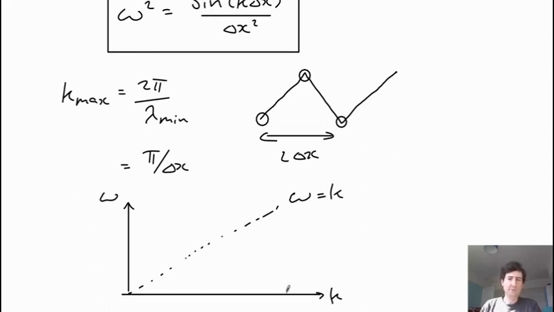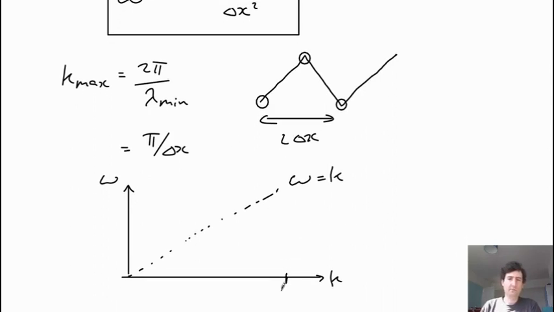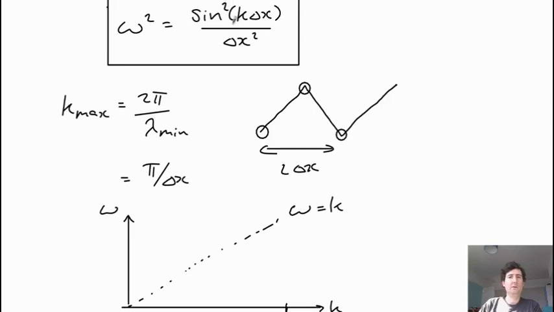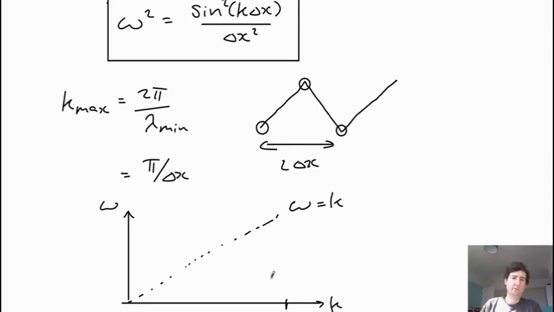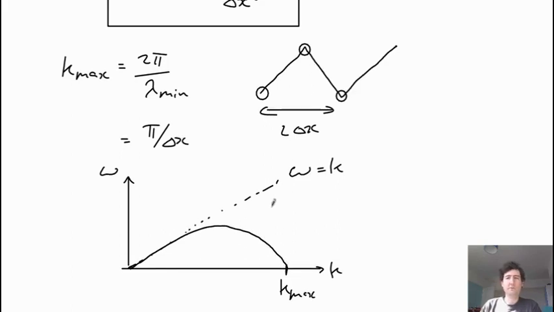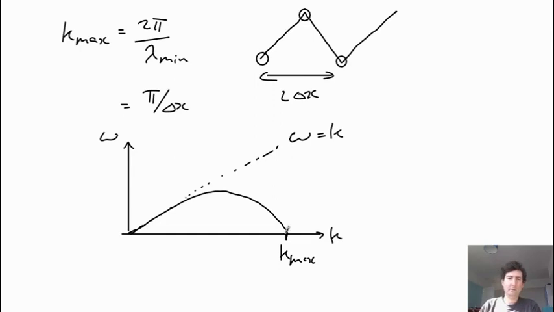If the k max is over here, and this is when sine has an argument of pi, which is obviously 0, and so what this looks like is that small k follows the analytic form, and then it rolls over, comes back down to 0, and so omega is equal to 0 on this zigzag mode.